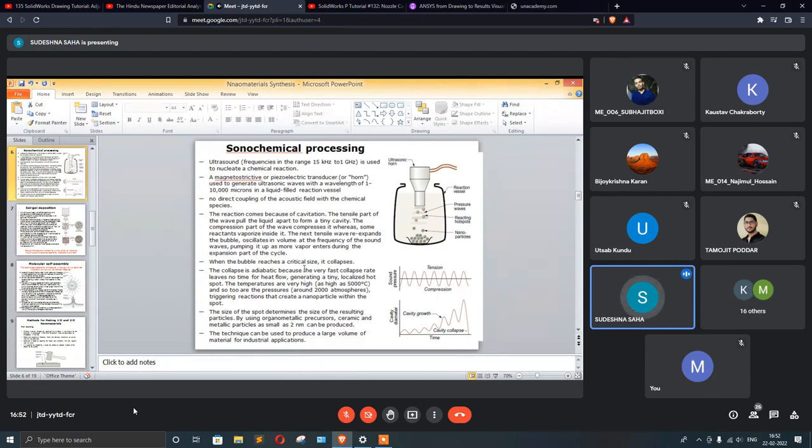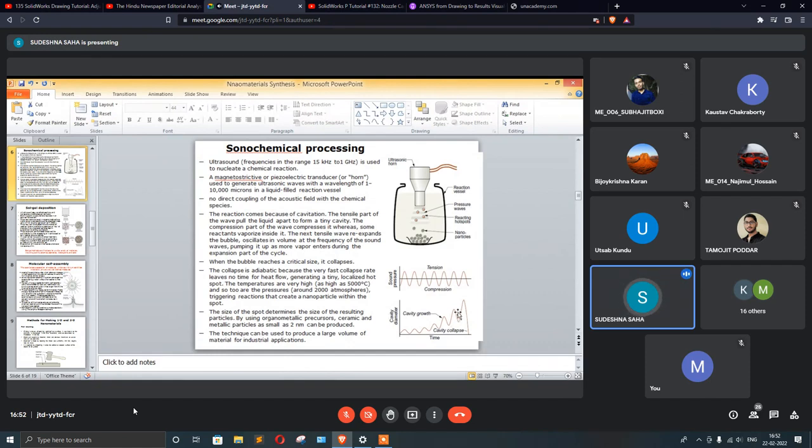The tensile part of the wave pulls the liquid apart to form a tiny cavity, and the compression part compresses it, while some reactants vaporize inside it. When the next tensile wave re-expands the bubble, it oscillates in volume at the frequency of the sound waves, pumping it up as more vapor enters during the expansion part of the cycle.